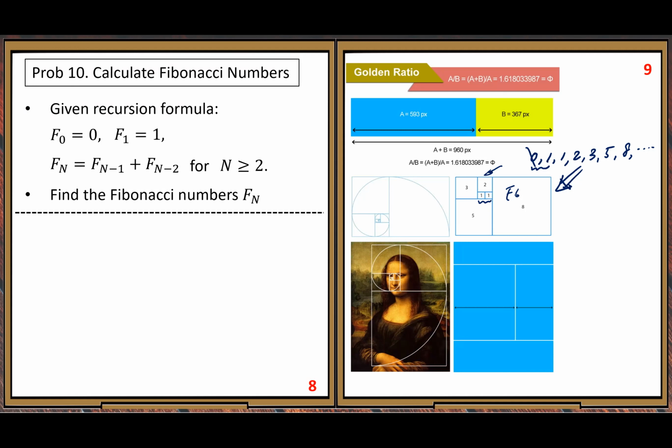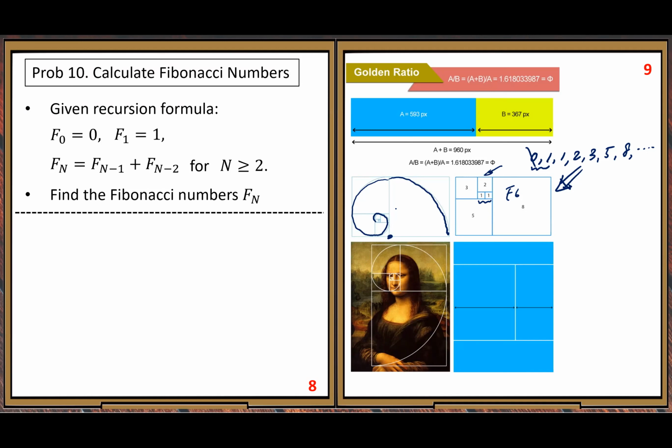And another interesting property is if we draw an arc in this way, with the center at one of the 4 vertices of the square and radius the side of the square, and then draw the quarter arc for each square, and arrange them in a natural way, at the end we get this nice spiral curve.